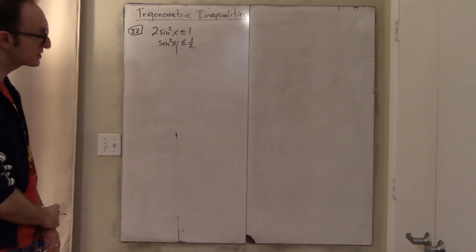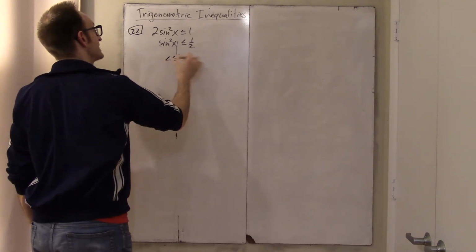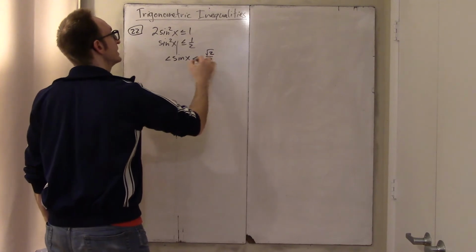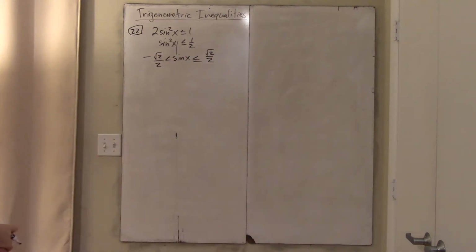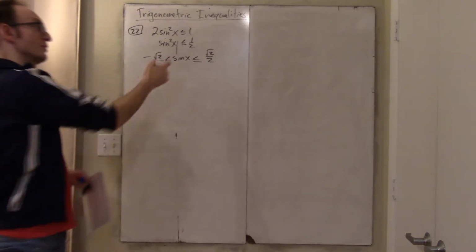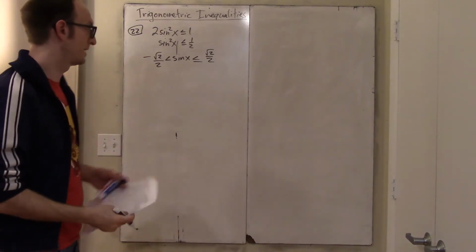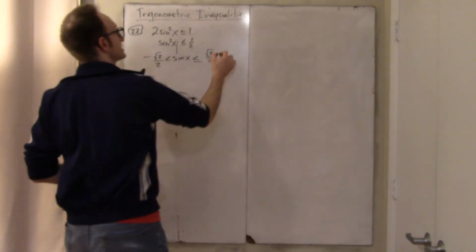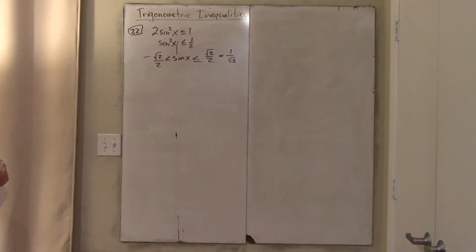Because if something squared is less than 1/2, then that thing is not so big, and in this case, not so big means between √2/2 and -√2/2, because that's just the square root of 1/2. The square root of 1/2 is 1 over root 2. You could also just write this as 1 over root 2. That's the same thing.